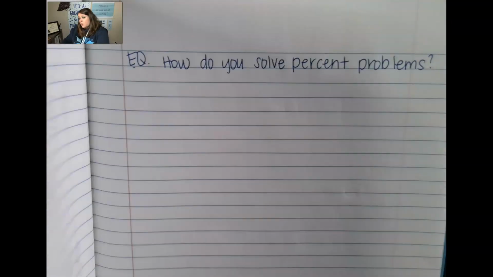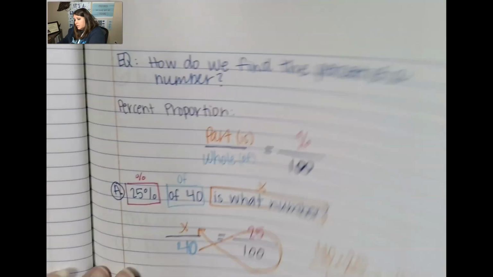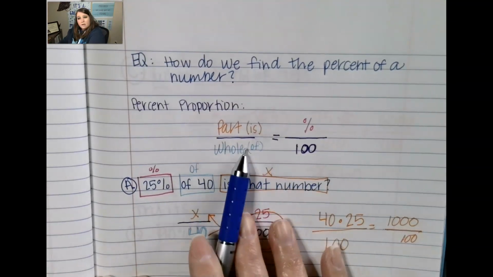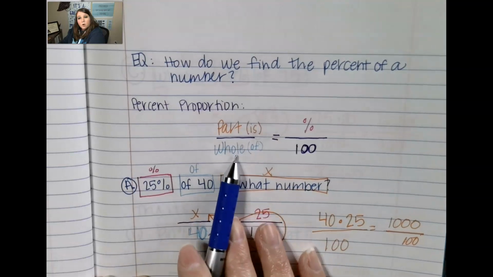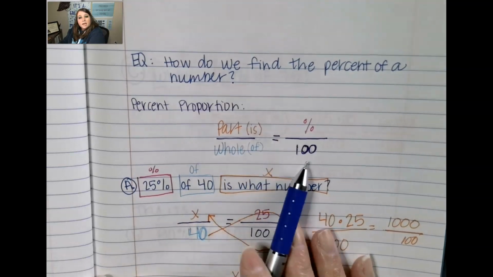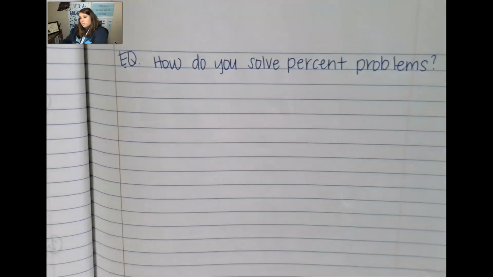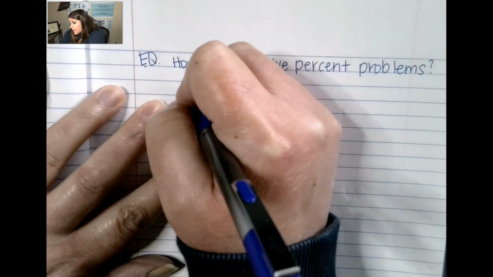So today we're going to be using what we know about percent proportions. So using part, whole, is, of, same thing. So part over whole is equal to a percent over 100. And we're going to be solving these percent type problems. So let's go ahead and rewrite this.